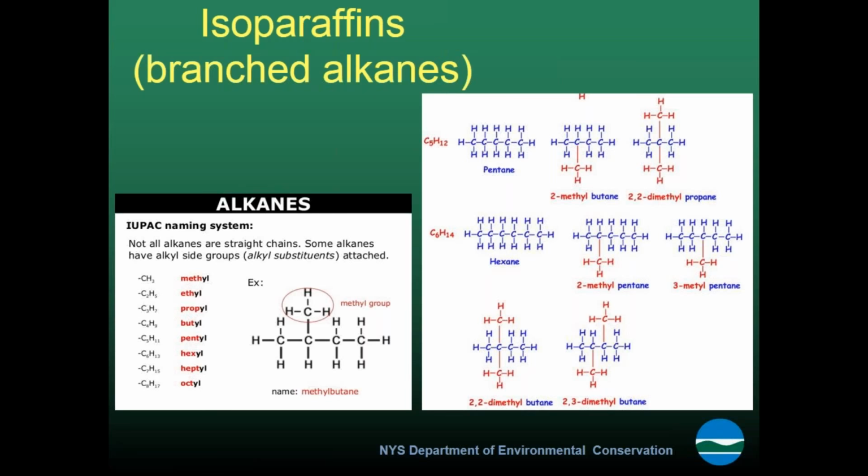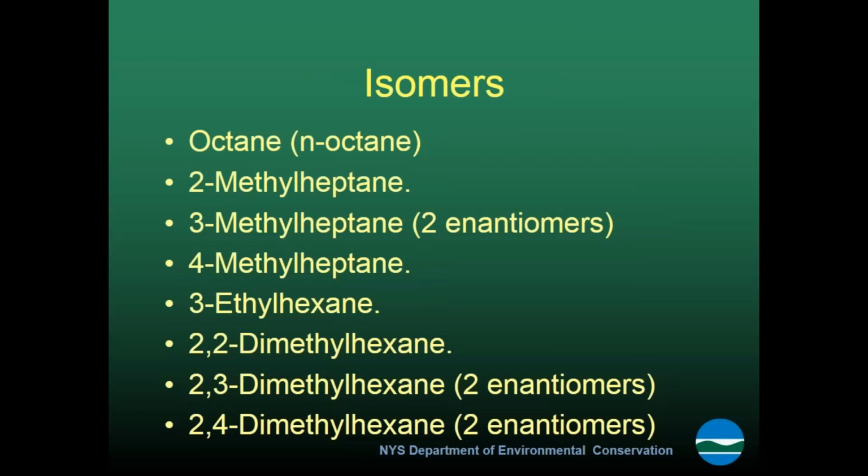But at the same time you have something known as isomers. You can have a molecule of octane that's a long straight chain, or you could have a shorter chain, let's say a 5-carbon alkane with three more carbons coming off one of the carbons, and that would be an isomer.